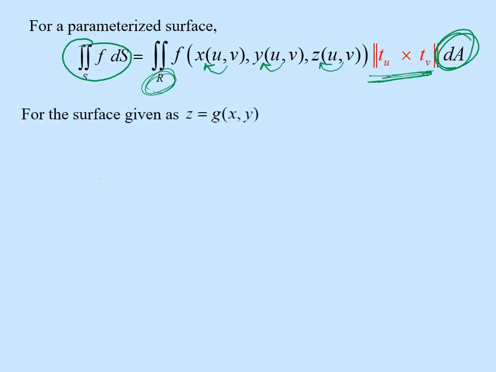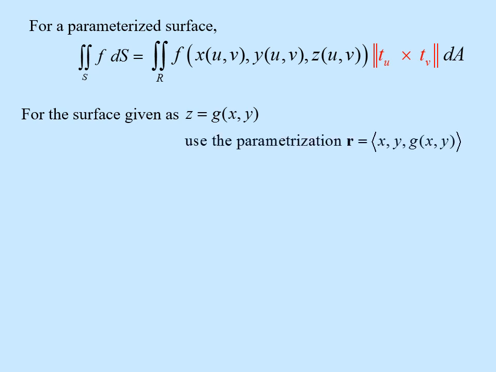Now, if our surface is not given in parametric form, which many are not, if we're given z as a function of x and y, well, look, we can use the parameterization, like I showed you in a previous section, where we have the x and y as first and second components, and then for the z component, we use the function of x and y, which we're given as z.